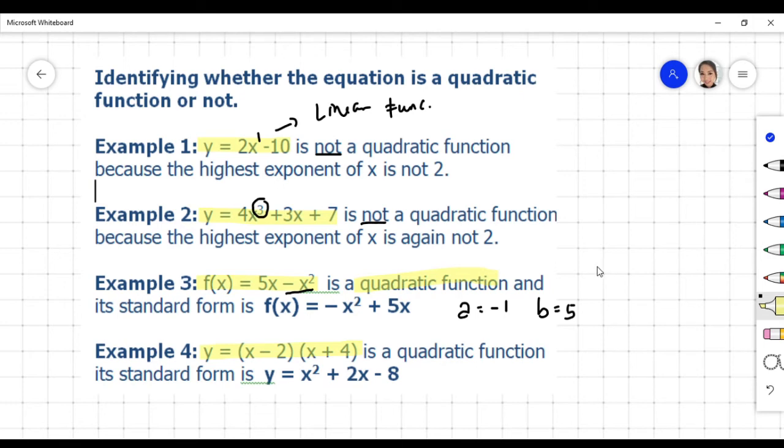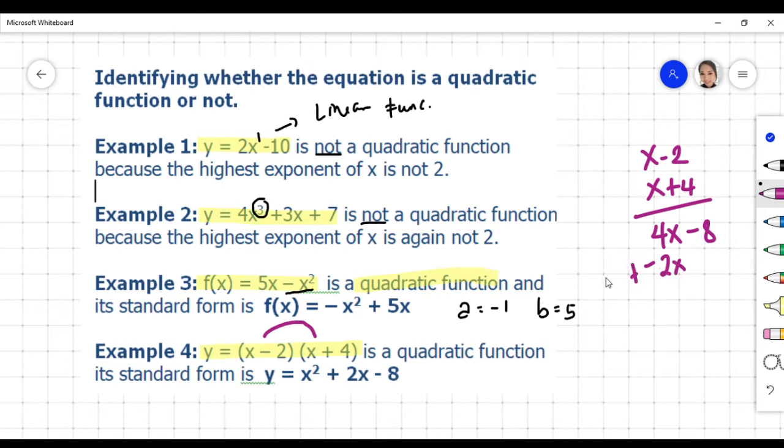That's a quadratic function because if we distribute x minus 2 to x plus 4, so x minus 2 times x plus 4, we have -8, positive 4x, and -2x, and positive x squared.